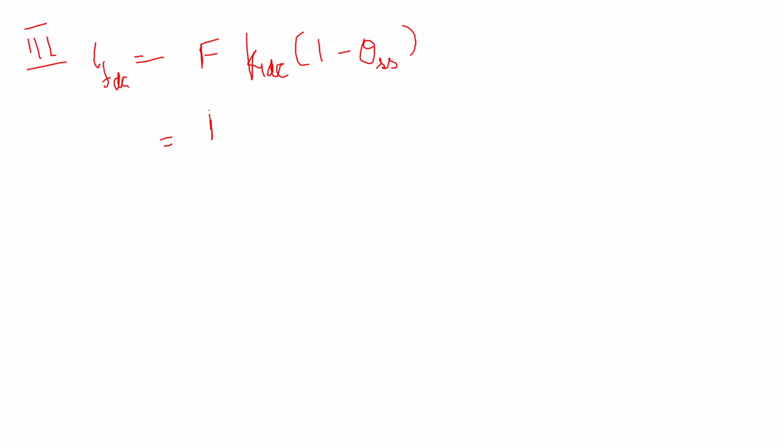F K1 DC in the bracket K2 upon K1 DC, K2 upon K1 DC. Is it only K1 DC? Plus K2. Yeah. Don't make a plus mistake, because if you are supposed to find out the numerical value, you will get a wrong answer. Okay. Yes. So you have found out IFDC.